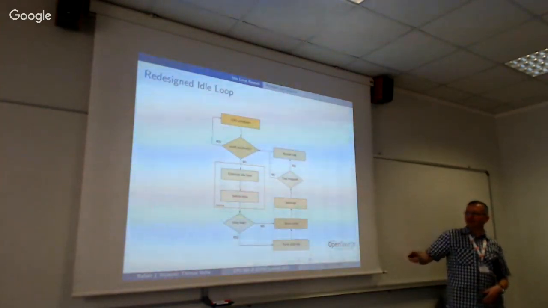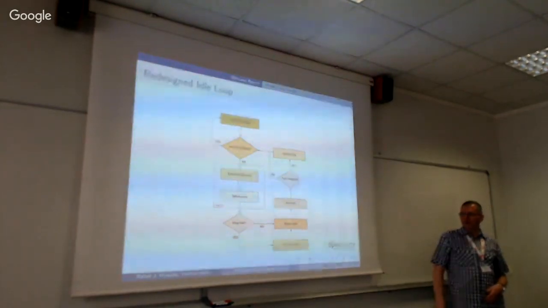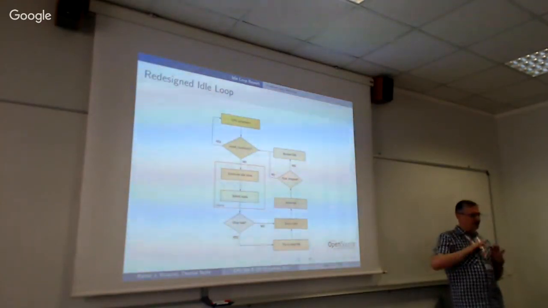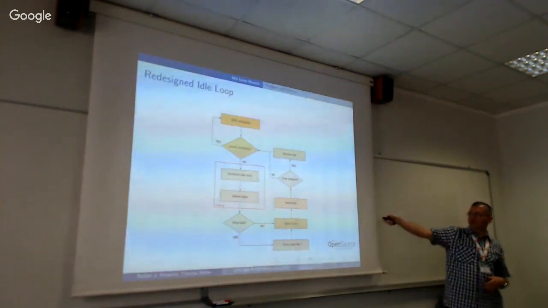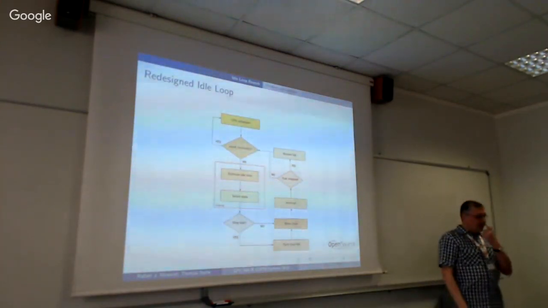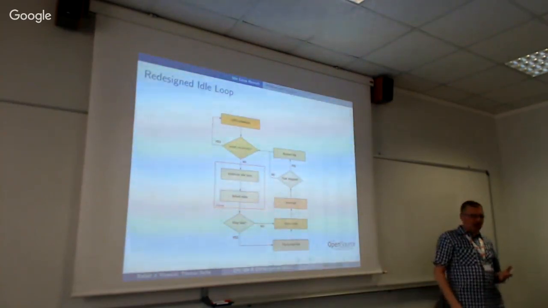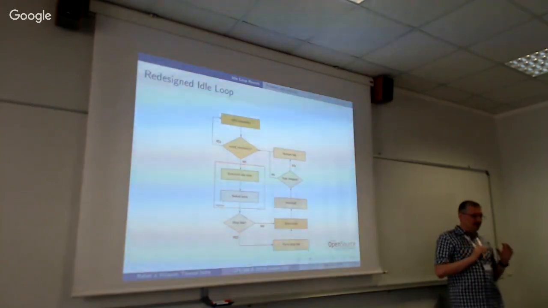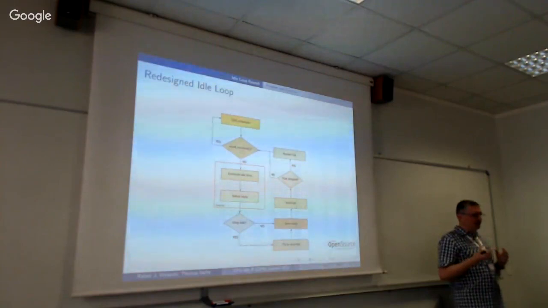Then, if the predicted idle duration is long, you can stop the tick and do all those things. Okay. And that helps because now, if the idle duration is below the tick period, we will not stop the tick, and the tick will wake up the CPU.